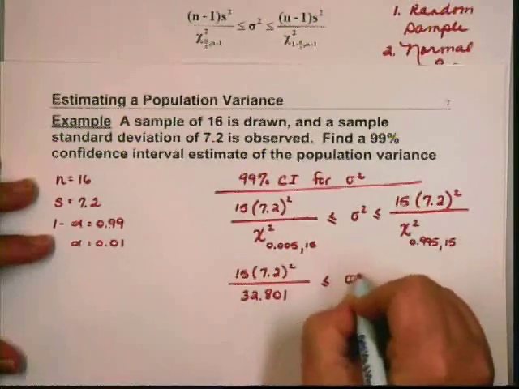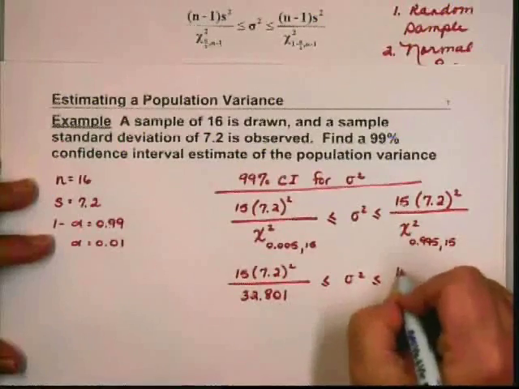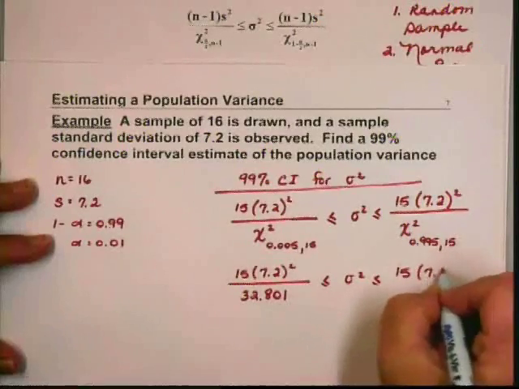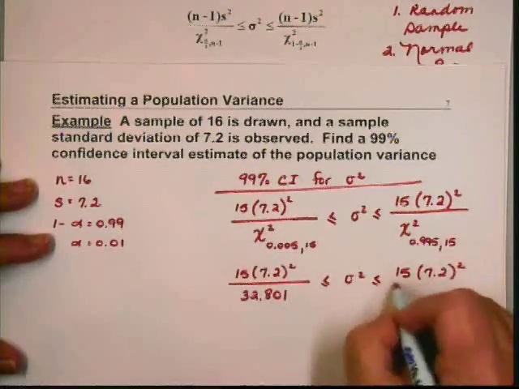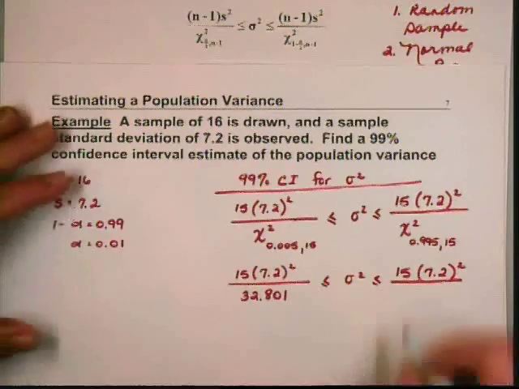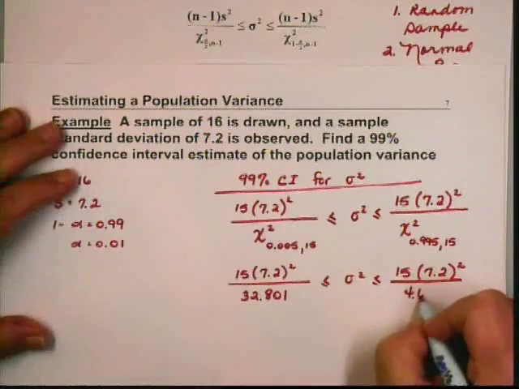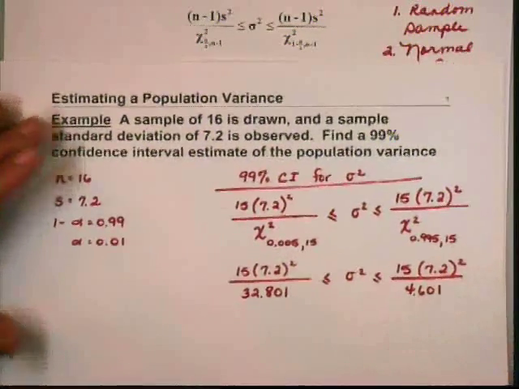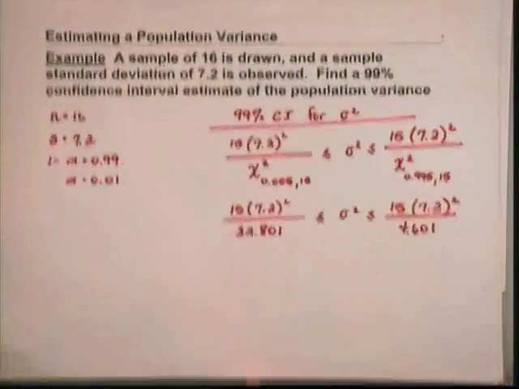Less than or equal to sigma squared, less than or equal to numerator 15 times the quantity 7.2 squared, divided by what's our chi-square critical value from the left side of the distribution. So in the row for 15 degrees of freedom, the column headed by 0.995, I have 4.601. And what happens when we compute that?